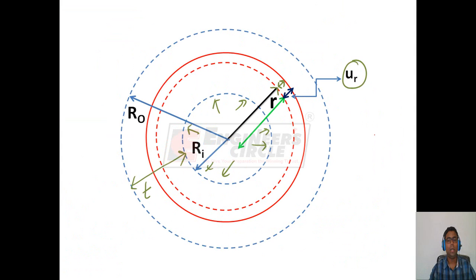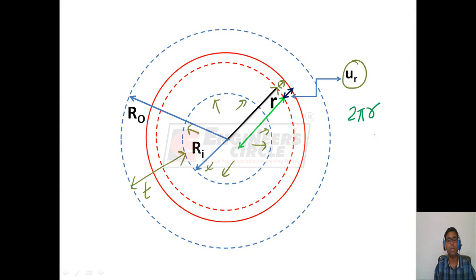But due to the radial displacement, there is change in the circumference. For example, consider this element at any distance r as shown by this red dotted line. The circumference before the application of pressure is 2 pi r.